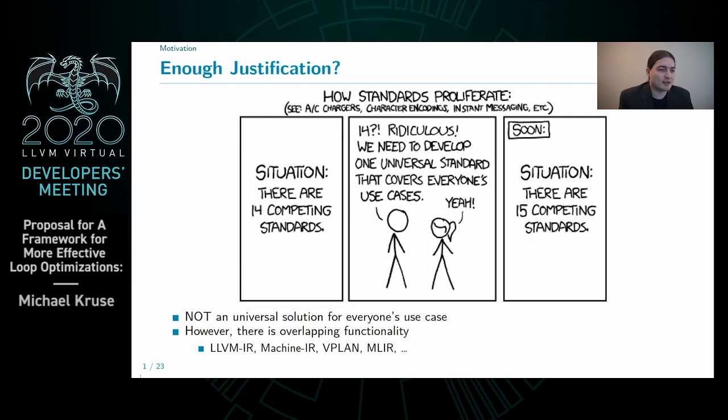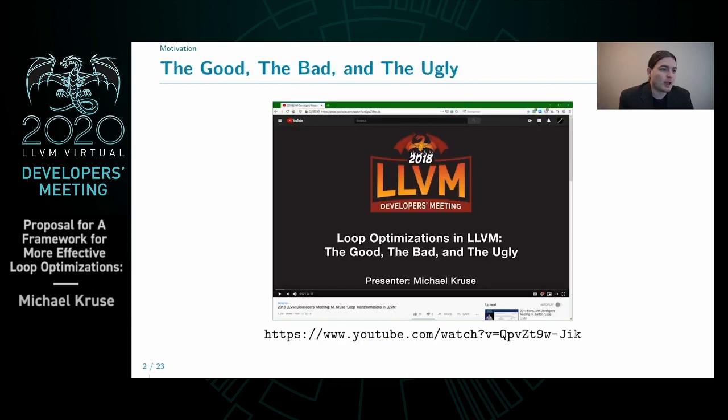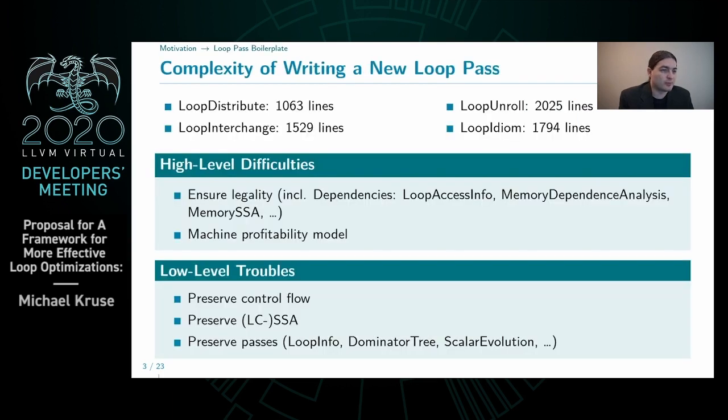In this case, I think my proposal adds value over representations such as VPlan and MLIR. I already gave a talk about the shortcomings of LLVM's current loop optimizations, but because it is important, I'm going to repeat the main arguments here as well. The first problem is that writing a loop pass is complicated.